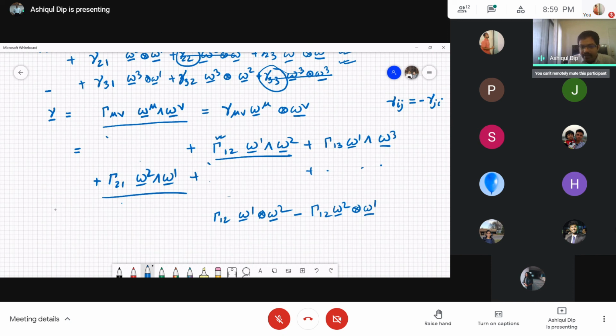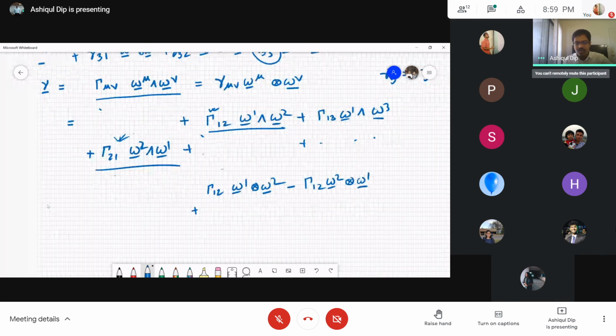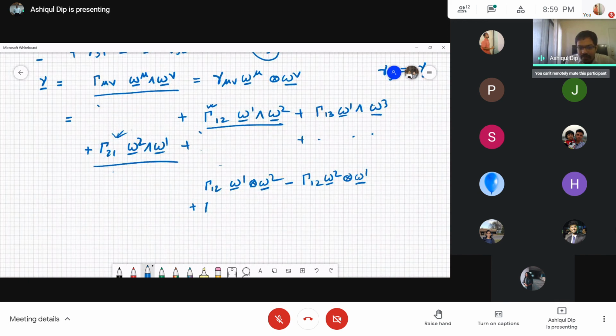And then if you expand this one, you get gamma 2 1 omega 2 wedge omega 1, and then gamma 2 1 omega 1 wedge omega 2, right?